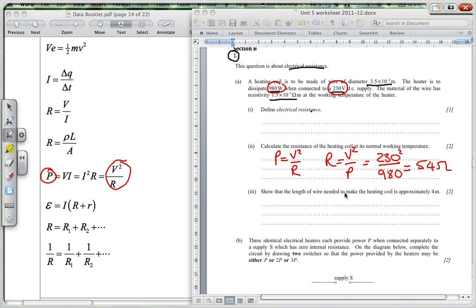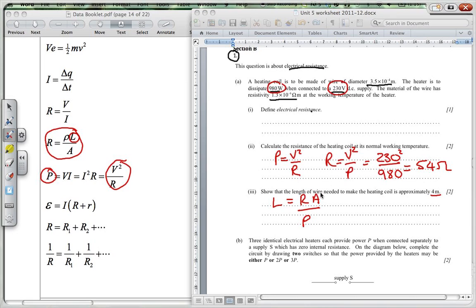Alright, going on to here, show that the length of wire needed to make the heating coil is approximately 4 meters. So here we are given the resistivity, we're given the diameter, so obviously I'm going to be using this formula over here. We are looking for the length, so I must change the subject of the formula. That length is going to be R times the area divided by the rho.